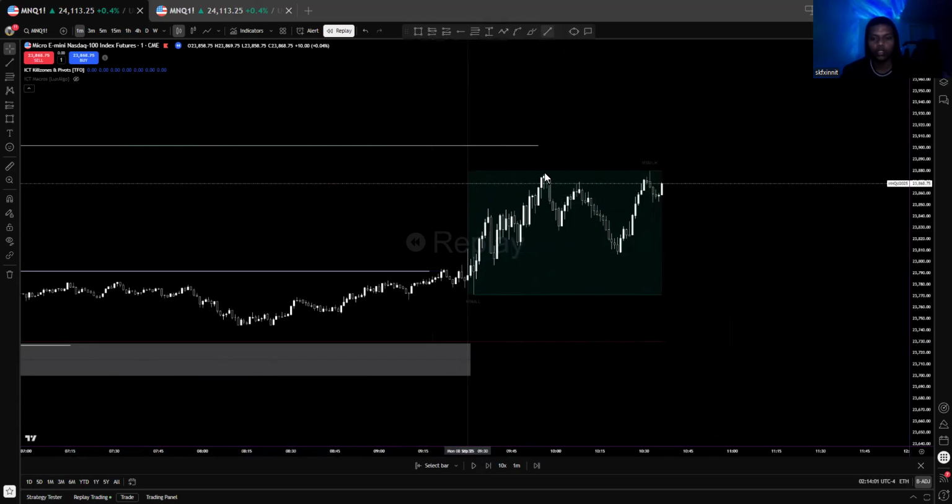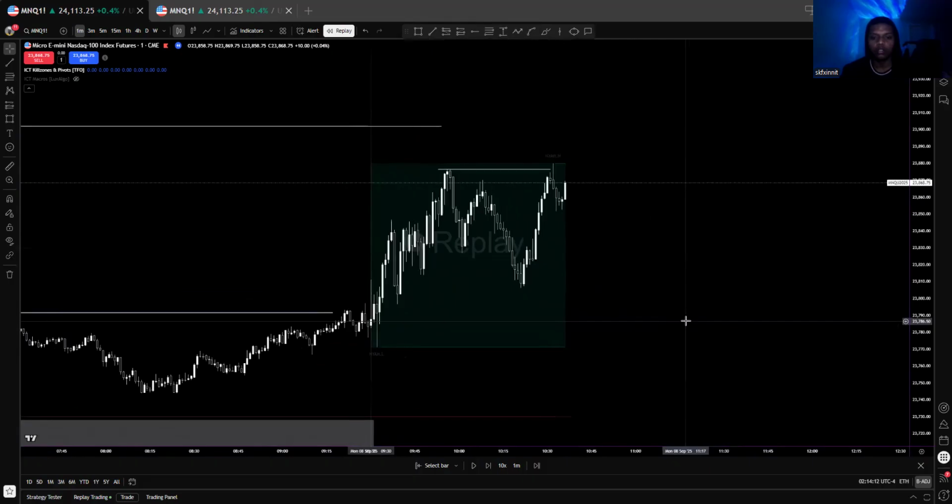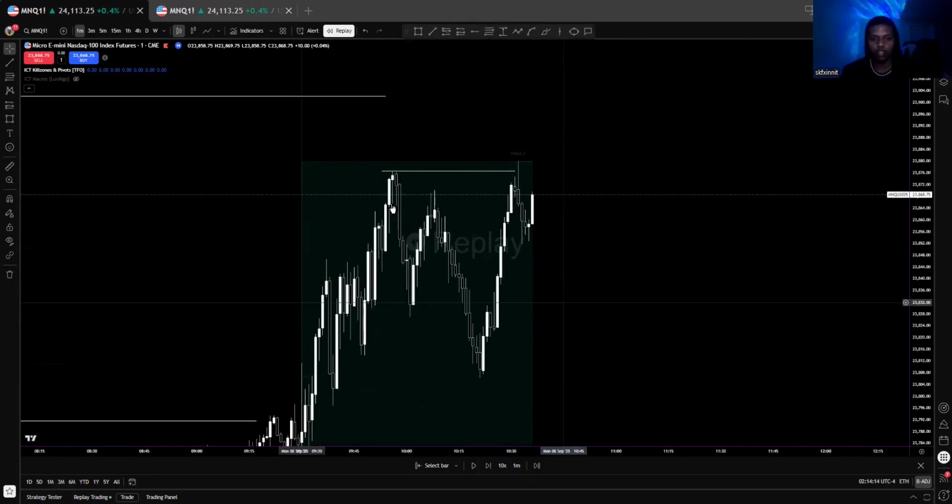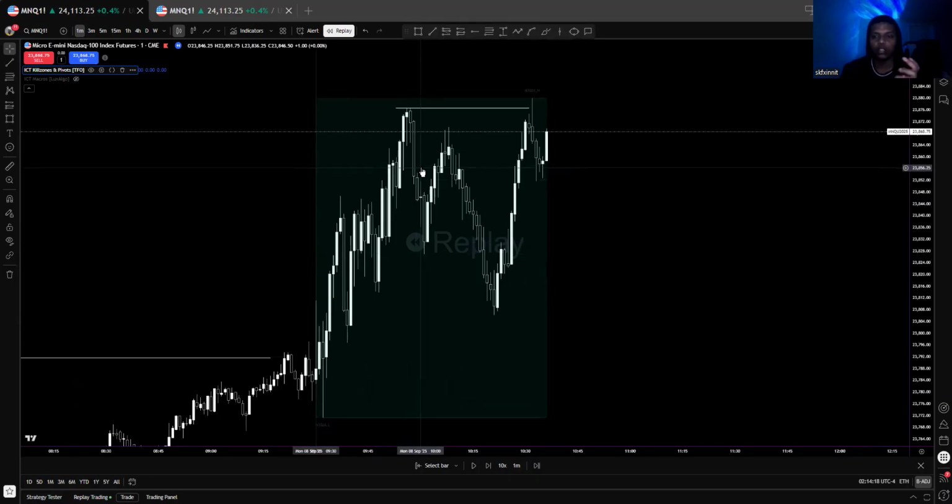So we got another internal sweep. I cannot actually be without taking this trade. For sure, I would have taken this if I were in the live market, because this is how I should be doing it.